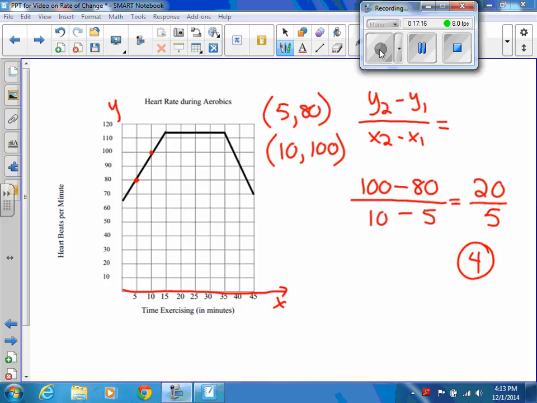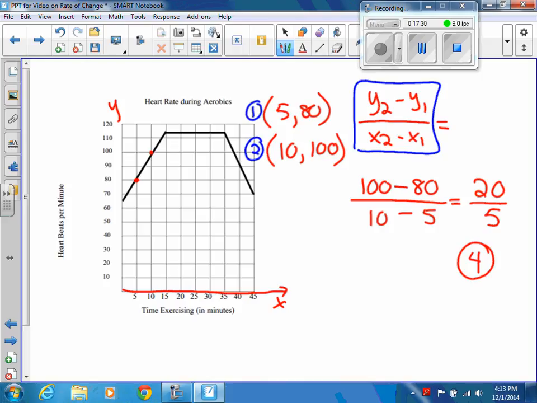Okay, so that's our information about rate of change. Remember, again, we do need to memorize this formula here. This is one of our big things we need to make sure we know. And then also remember to think about your x and your y. If you want to just number it as 1 and 2, this is my x1, y1. This is my x2, y2.